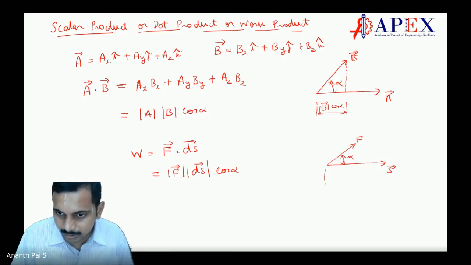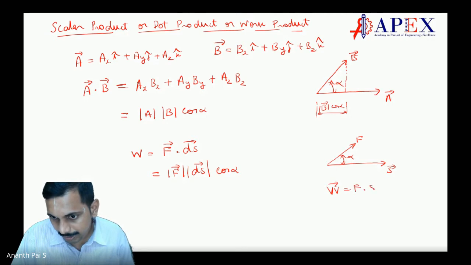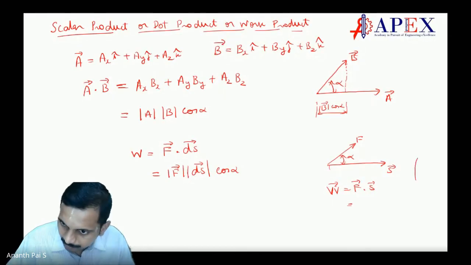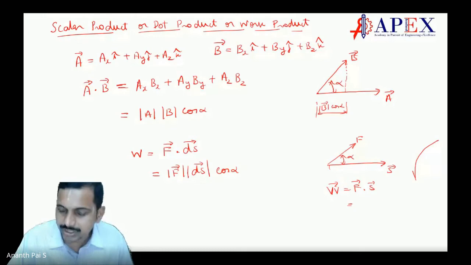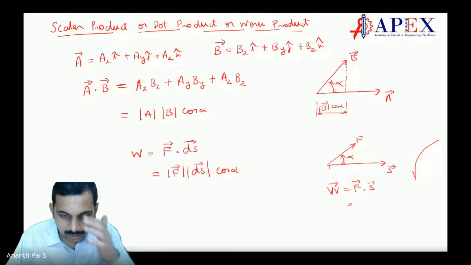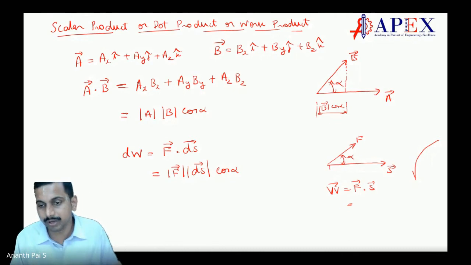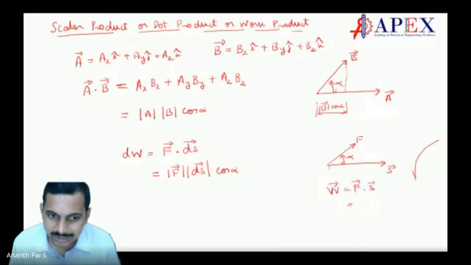So work is equal to F dot s, because it is in one line. In case it is curved, then the force direction changes every time, so we say small work dw is equal to F dot ds, and the total work is the integration of F dot ds.